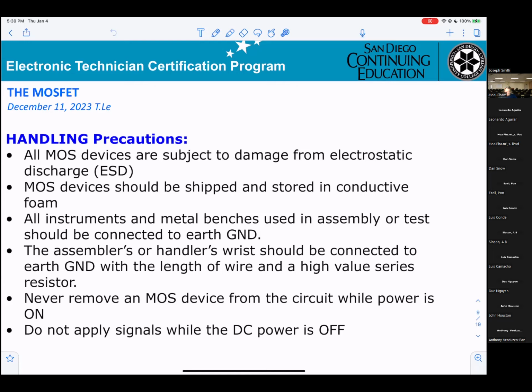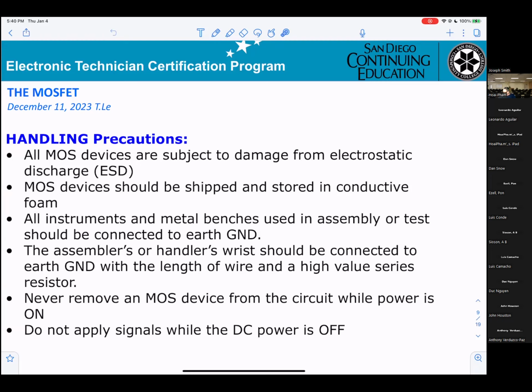Before I even became an engineer, when I got hired, I had to go to training for handling. Most devices are shipped and stored in conductive foam. All instruments and metal benches used in assembly or test should be connected to earth ground. So that's why normally when you're working on it, you connect the wire to the earth ground.